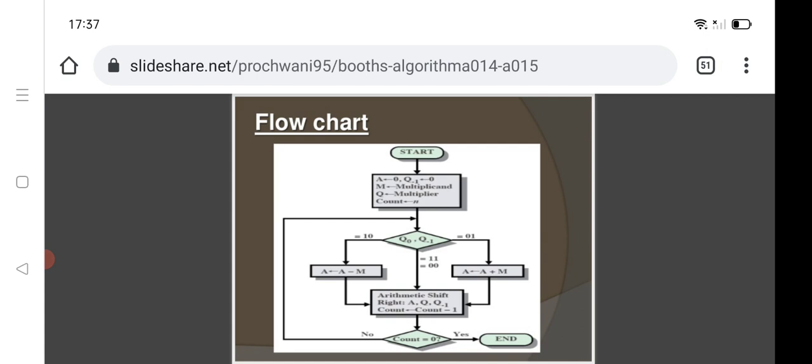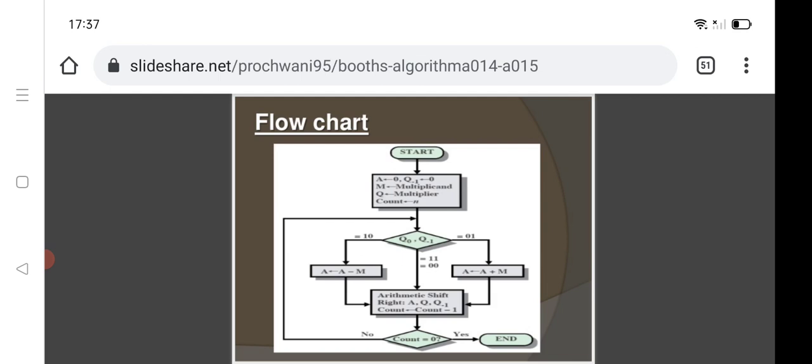Okay, A, Q, Q minus 1, and the count value will be decremented by 1. Okay, what is arithmetic right shift operation? I am going to shift all the bits towards the right side. The Q minus 1 bit will be discarded.